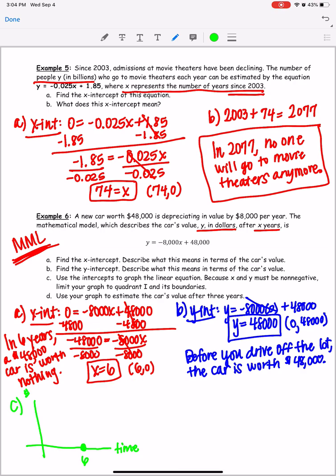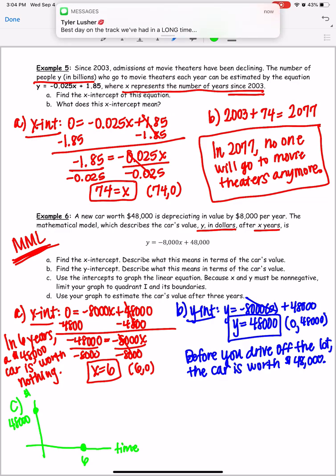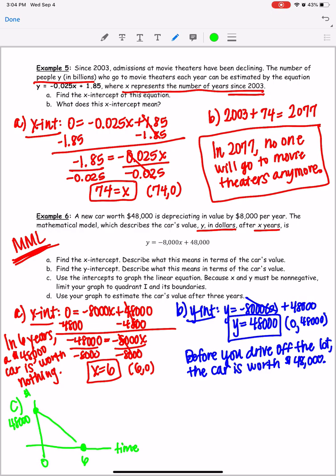And if this is how much my car is worth, we need to be up here somewhere on 48,000. Unlike the other ones where the line went infinitely in both directions, there's no arrow on this one. The car starts at this much in year 0, and in 6 years it's going to be worth nothing. So it stops and starts right there. Okay, so quadrant 1.